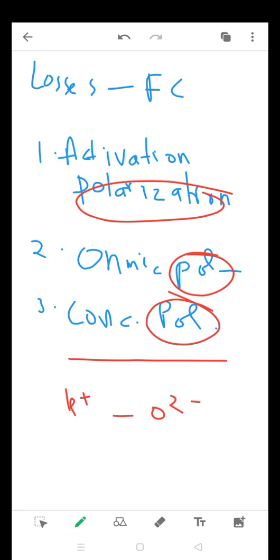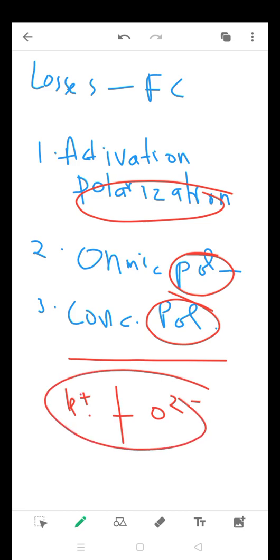Now if we somehow do not allow these charges to move, and rather separate the charges at two extreme ends, then this will be considered a degradation of the performance. As you know, the separation of charges is termed polarization.